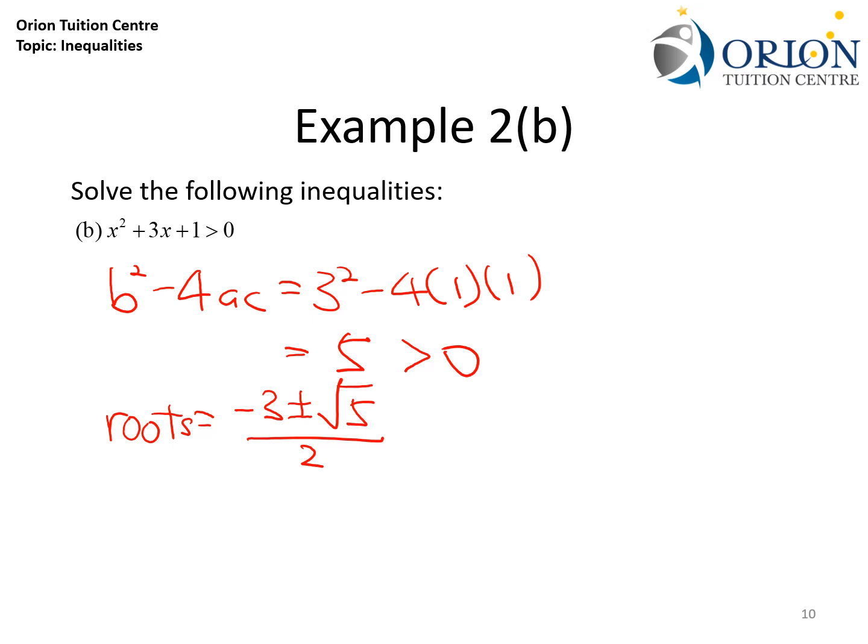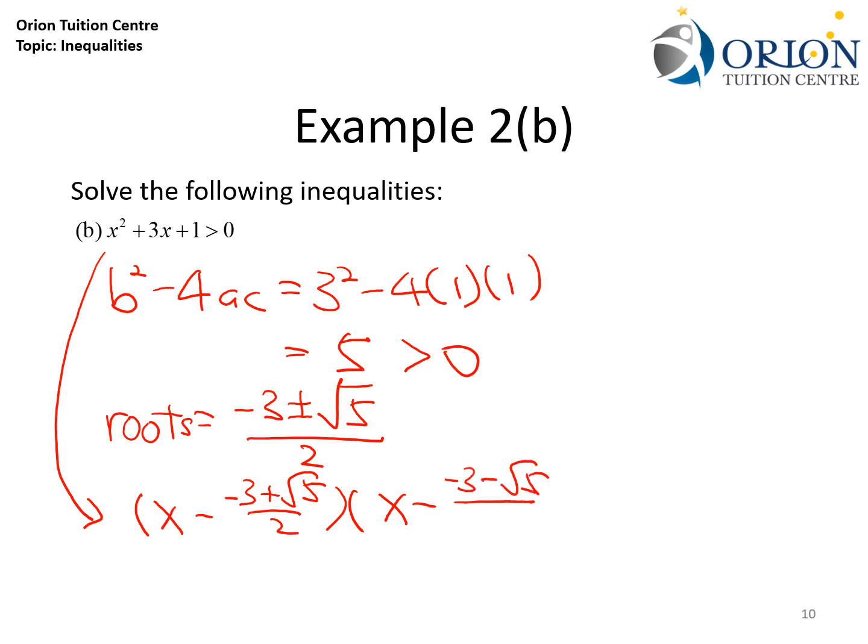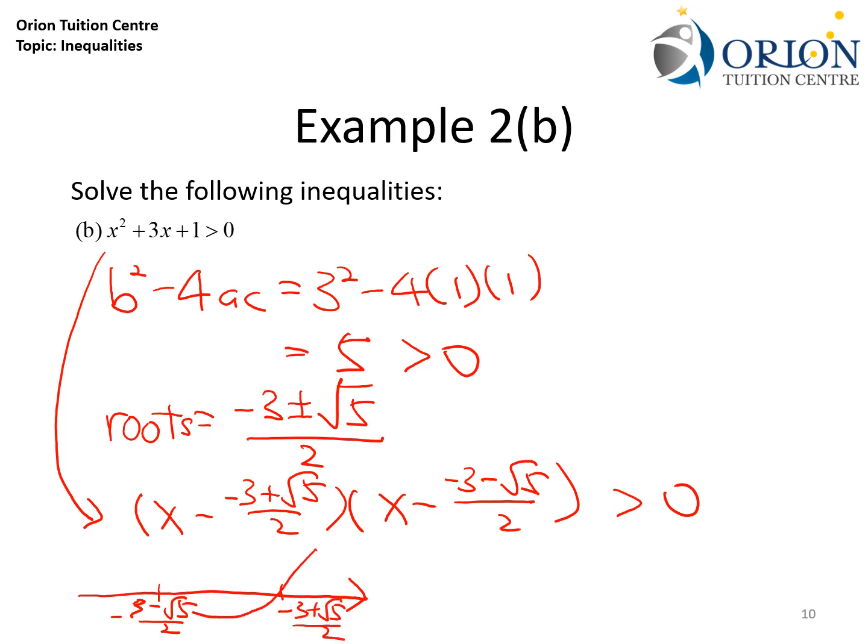And therefore, I can factorize this into (x - (-3 + square root 5)/2) multiplied by (x - (-3 - square root 5)/2) more than 0. And therefore, if we look at our x-axis, the two roots will be at (-3 - square root 5)/2 and (-3 + square root 5)/2, and our graph looks like this.